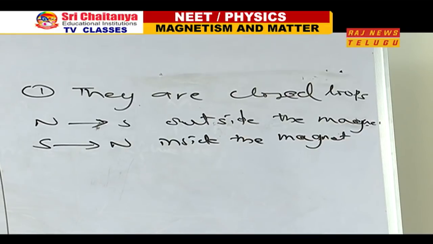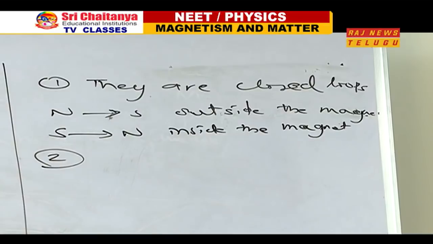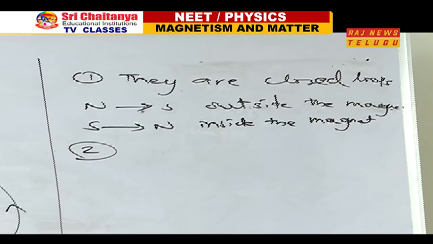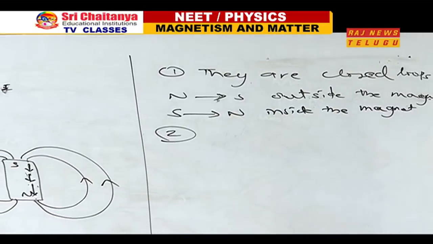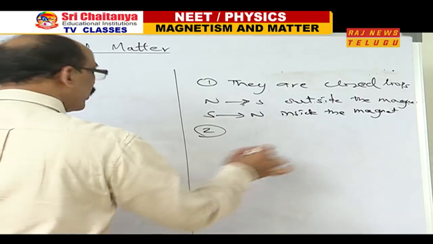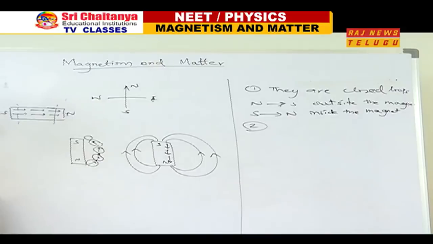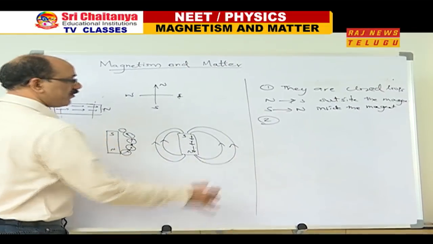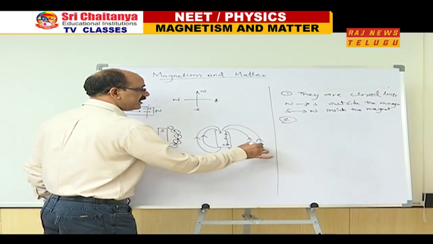Now, the second one is a very important one. Actually, we have got the magnetic field line by seeing the direction in which the north pole is oriented. Therefore, a tangent drawn to a magnetic field line at any point gives us the direction of the magnetic field. For example, if you want to find the direction of the magnetic field here, you just draw a tangent.